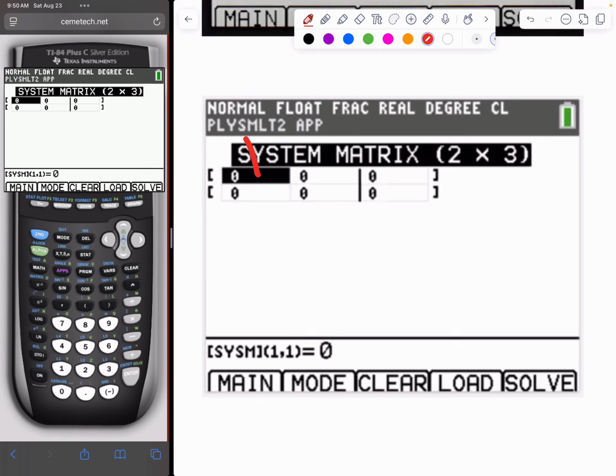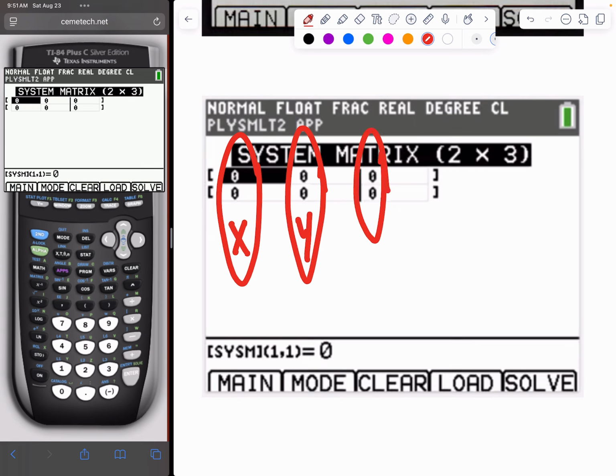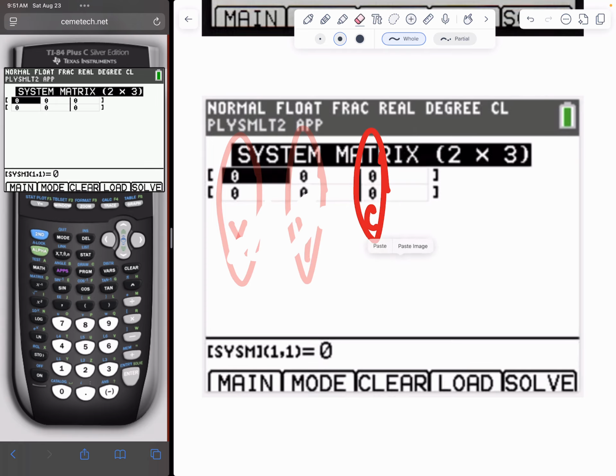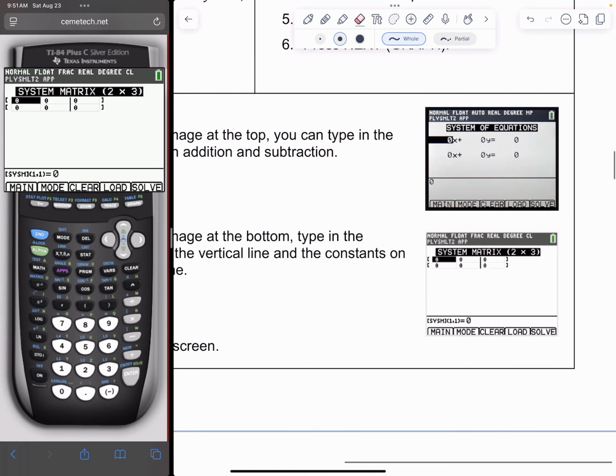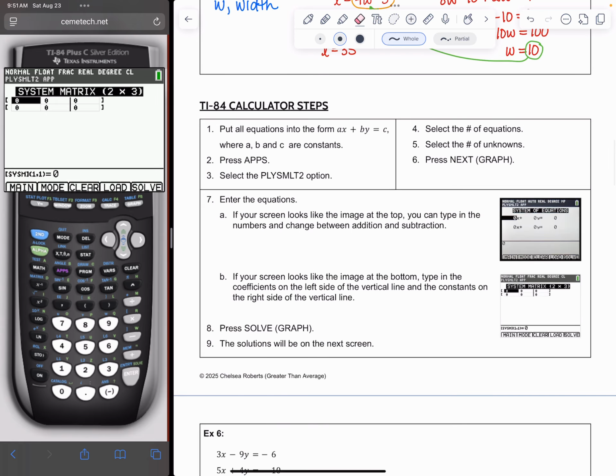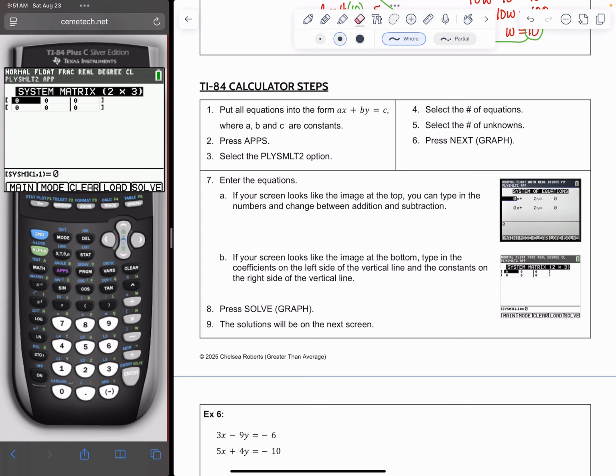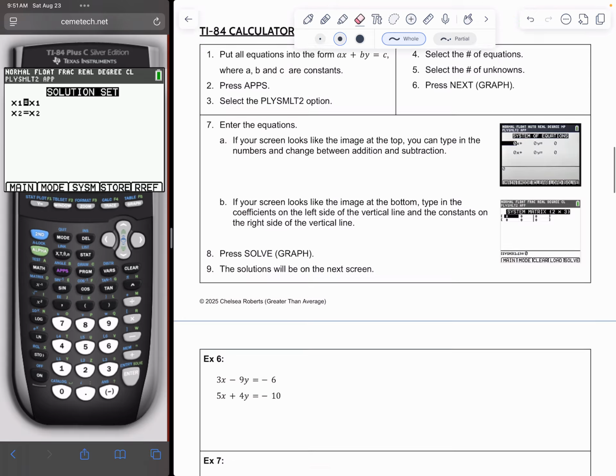So this column represents my x variable. This column represents my y variable. This column represents my constant or my numbers. So I don't have to put the x and the y's there. I'm just putting in the coefficients because it understands that each column represents a certain variable or a constant. Once you do that, you will press the graph button to go to the solve menu, and it will give you the solution.